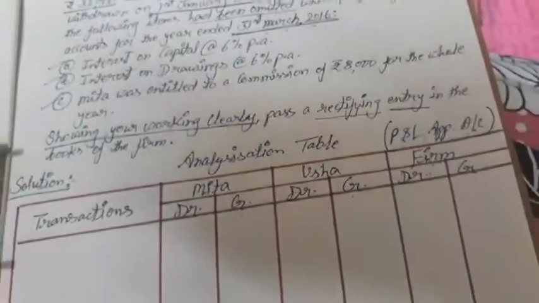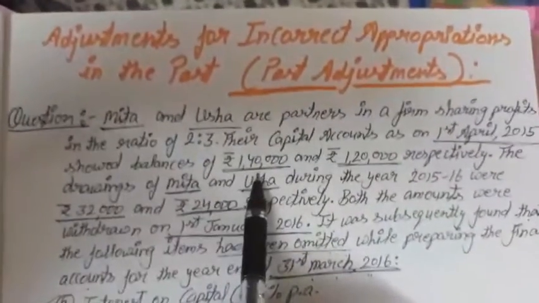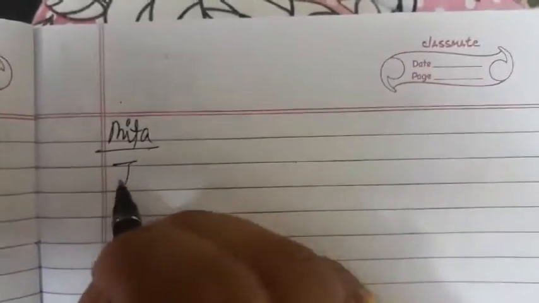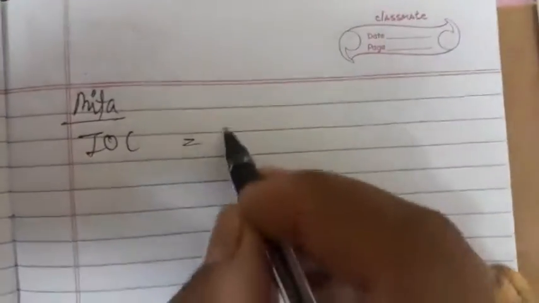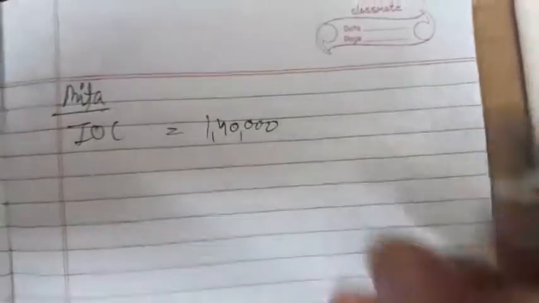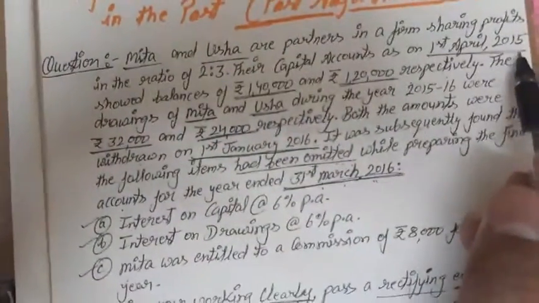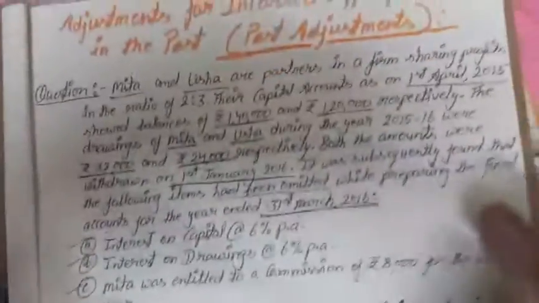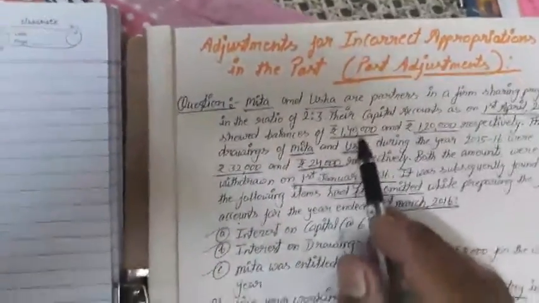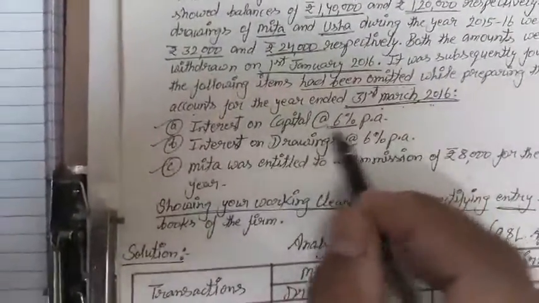For Meta's capital, IOC: 1,40,000 was there on 1st April 2015, and the interest rate is 6% per annum.